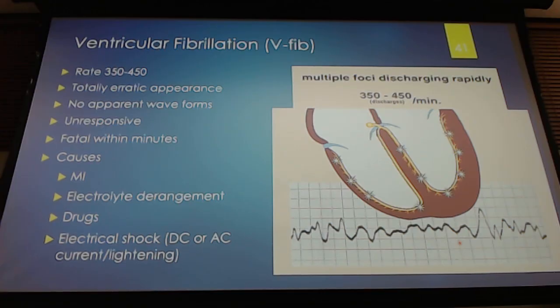Okay? So they're unresponsive, found down, oftentimes EMS maybe put paddles on them, and maybe evaluated them. But if they are not close to a hospital or close to somebody that can treat this, they're going to come in dead. So this is fatal within minutes. And again, these patients have underlying cardiac disease.